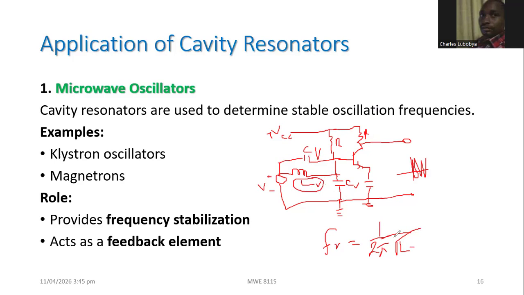When capacitors are in series, they behave like resistors in parallel. So you're going to have C times C over C plus C. Okay, so the two are supposed to be multiplied and then square rooted.